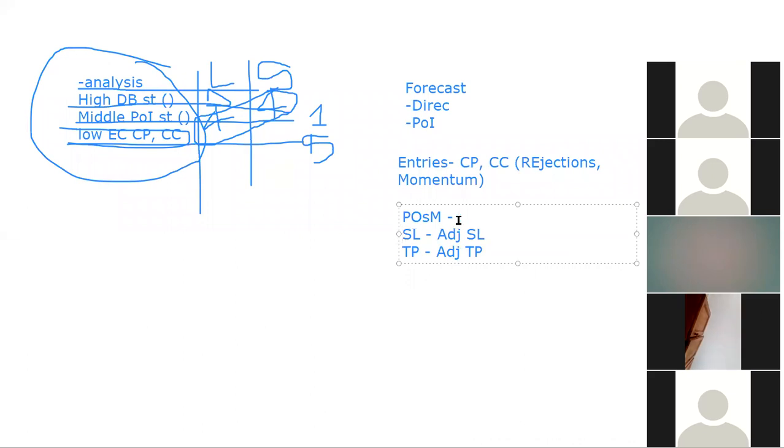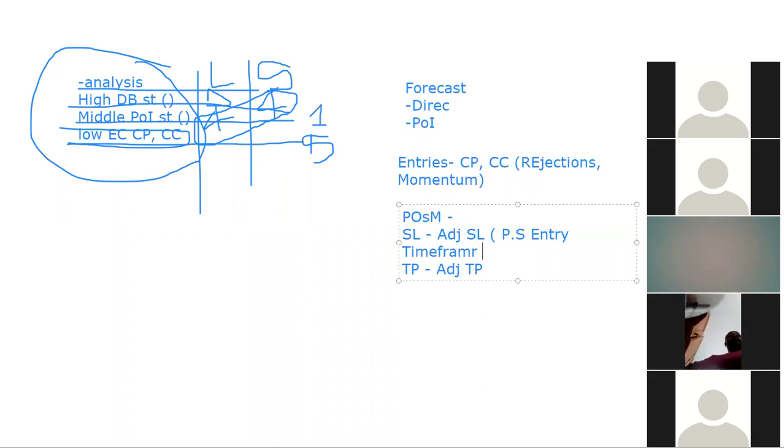It only involves two things: how we're going to set and adjust stop losses, and how we're going to set and adjust take profits. Now you can define it in English for yourself. So you can say that for my stop losses, I protect my stop loss using structure on my entry time frame.